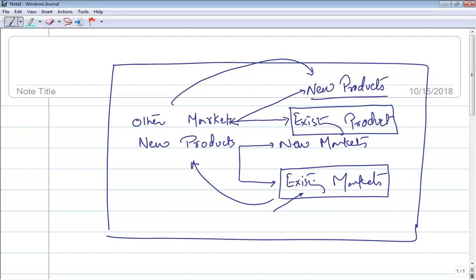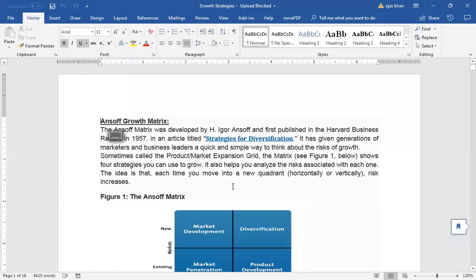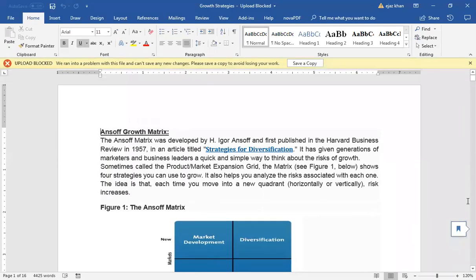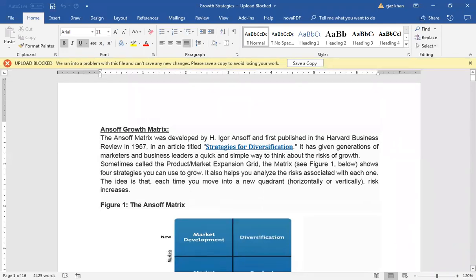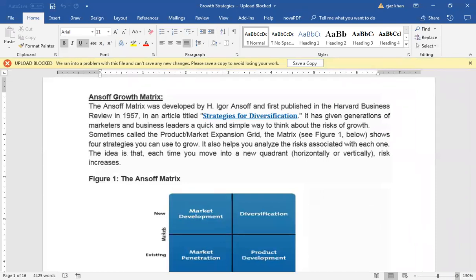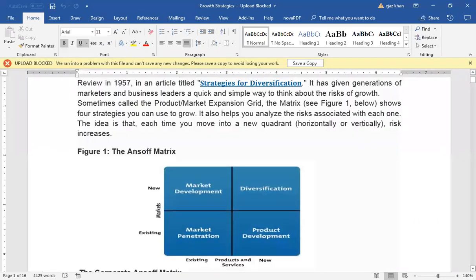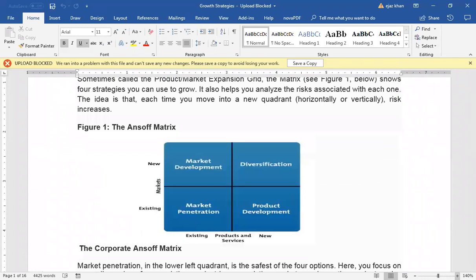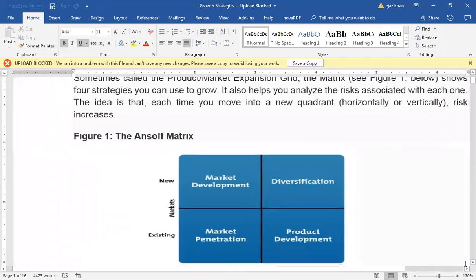Now, these different strategies have been summarized or simplified by the Ansoff's Growth Matrix.